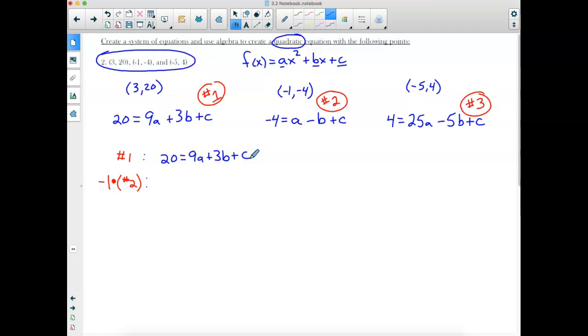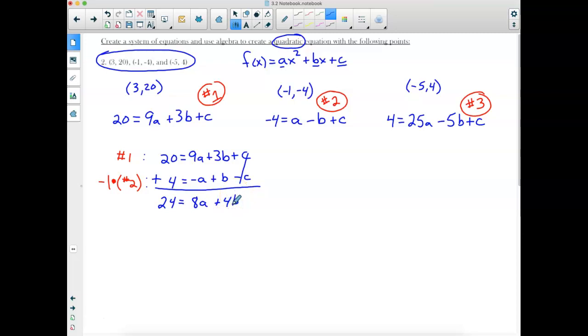But if I take equation number 2 times negative 1, I'm going to have 4 equals negative a plus b minus c. So when I add these together, I can eliminate C, and I get 24 equals 8A plus 4B.